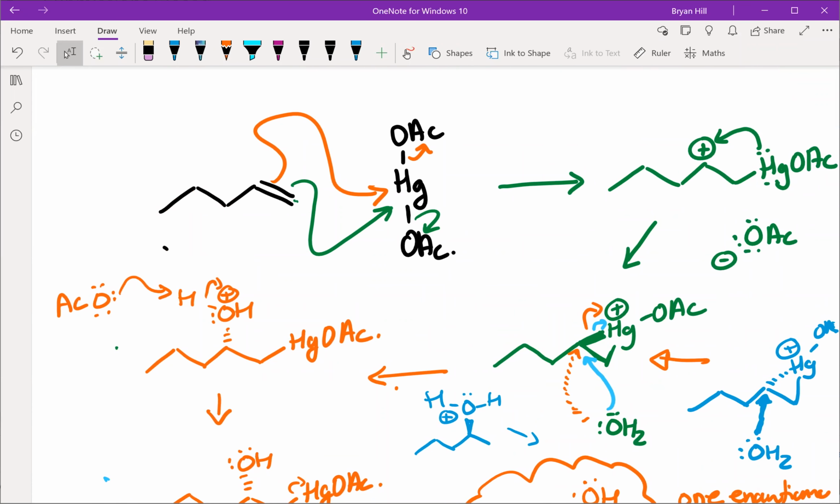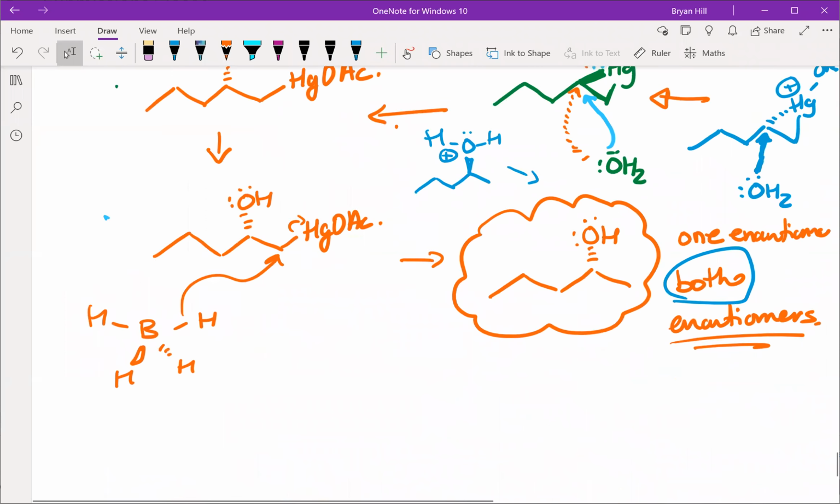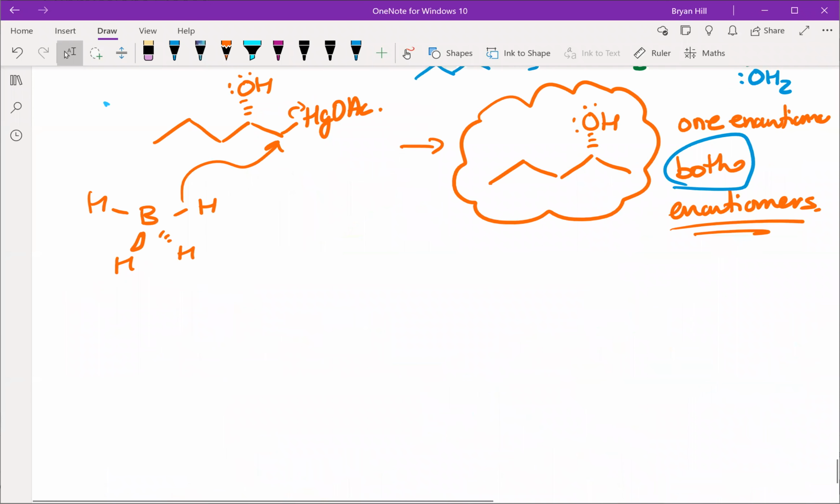Let me think about this. If you wanted to do this, you would have to actually make your leaving groups chiral in some way to make that work. Or have a chiral catalyst that facilitated the reaction. But for what we're dealing with, this mercury, mercury acetate, you wouldn't get that. So you'd actually make both enantiomers.